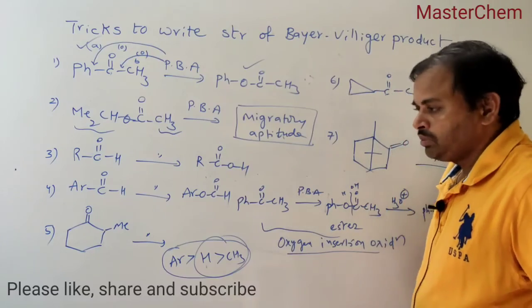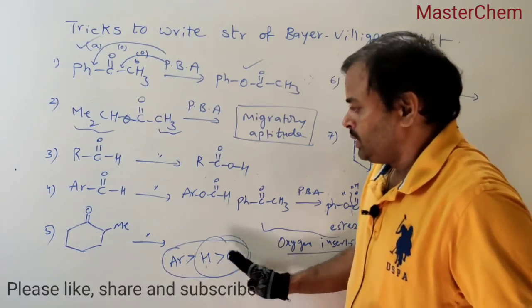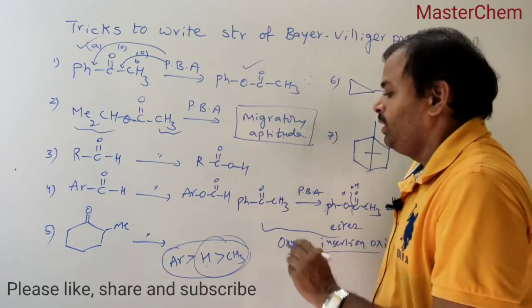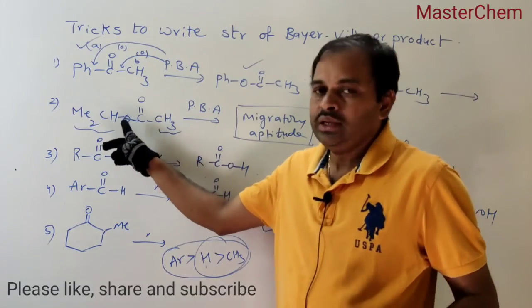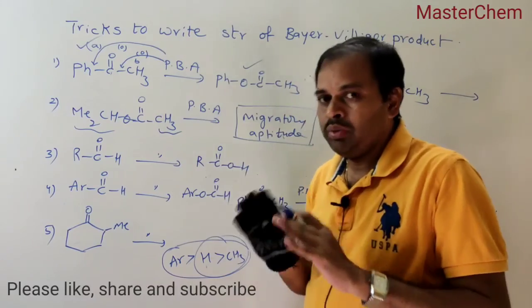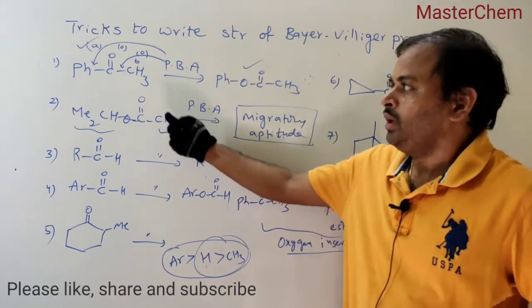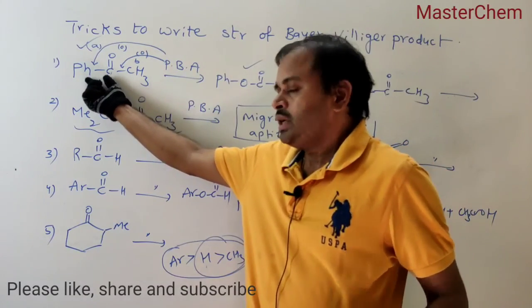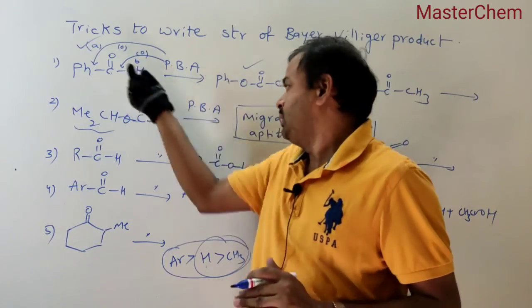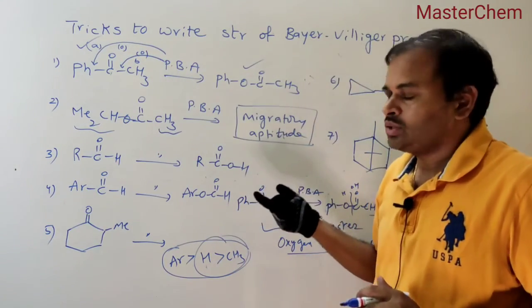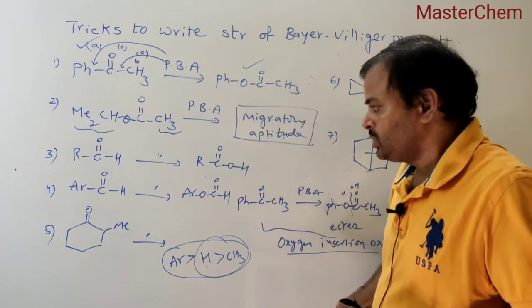This is the migratory aptitude. Based on this, write the product. The side with high migratory aptitude, the bulkier side, is where oxygen is inserted, and that will be the major product.